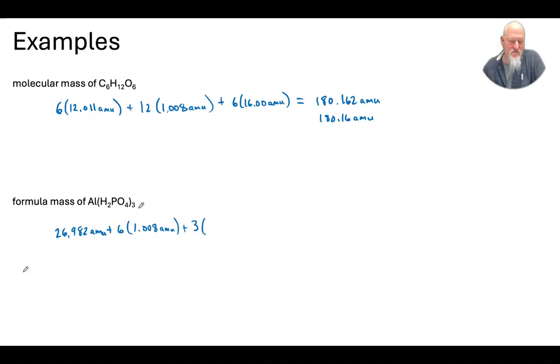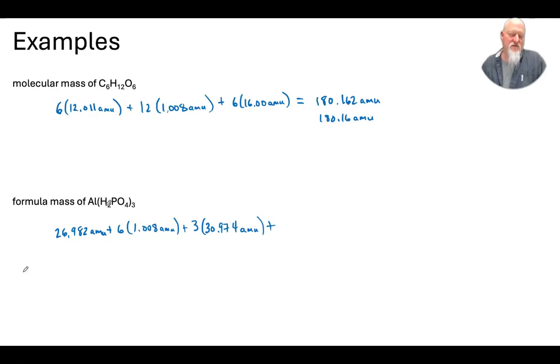So there's 3 phosphoruses, so I need phosphorus, which is 30.974, times 3. And then we have 12 oxygens.